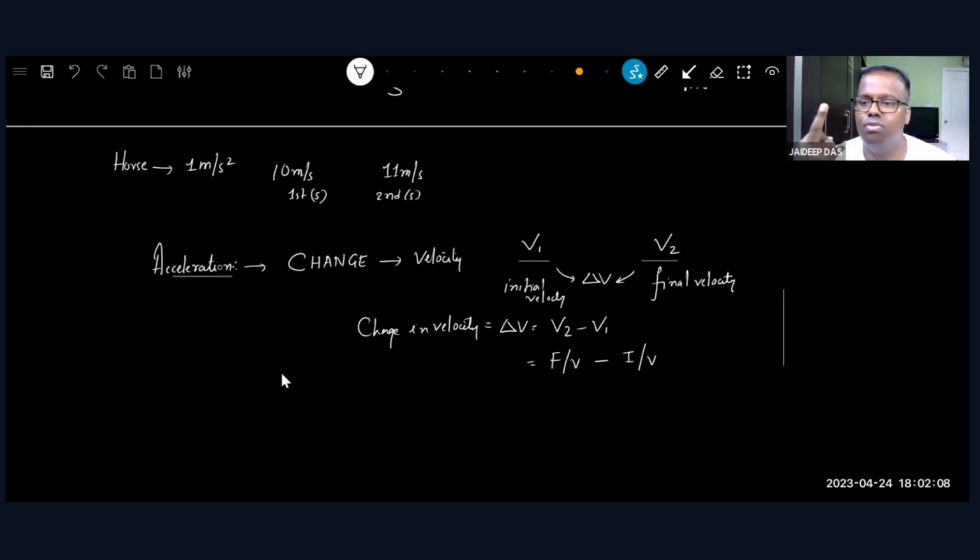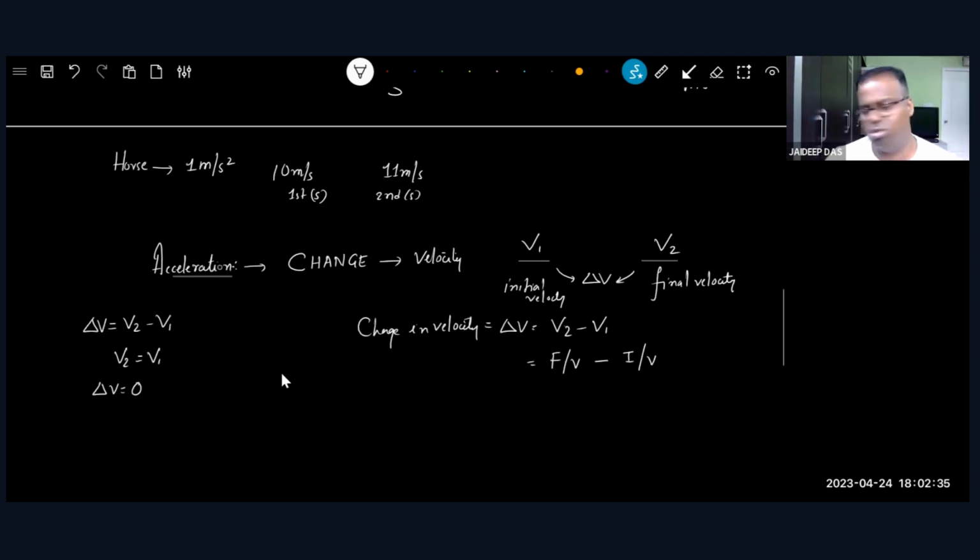Initial velocity, final velocity. If these two are not there, then there is no acceleration. Sir is trying to say that delta V is equal to V2 minus V1. And in this scenario, V2 is equal to V1. Very good. Then delta V is equal to 0. Velocity is not changing. No acceleration. Car is going at cruise control.